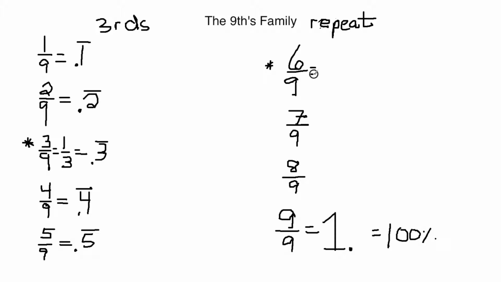6/9, which is really 2/3, but what is 2/3 as a decimal? 2/3 is the numerator repeating, which is 6 repeating. 7/9, you have a 7 in the numerator, so that makes it 7 repeating.